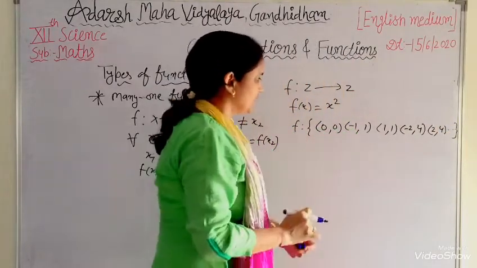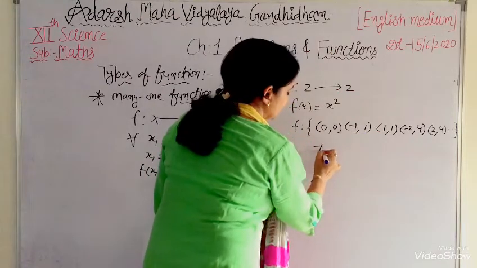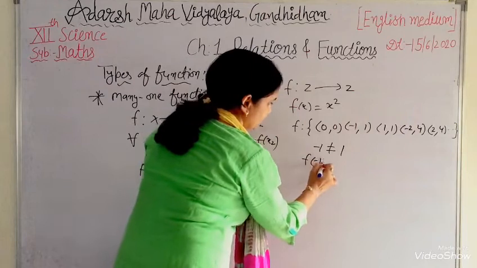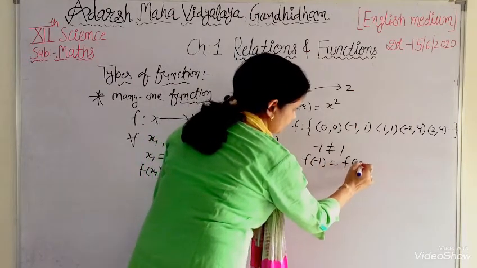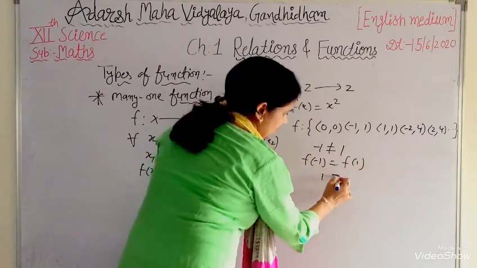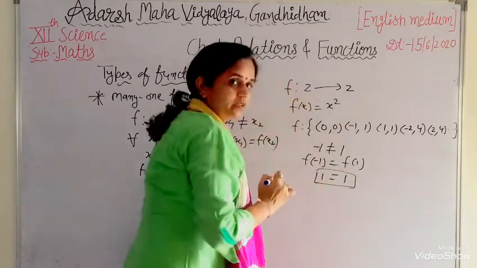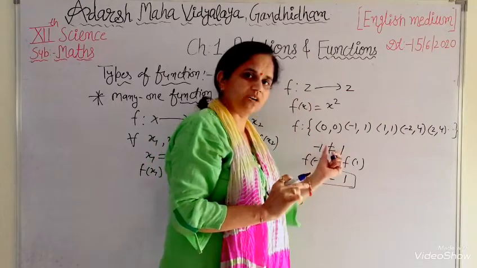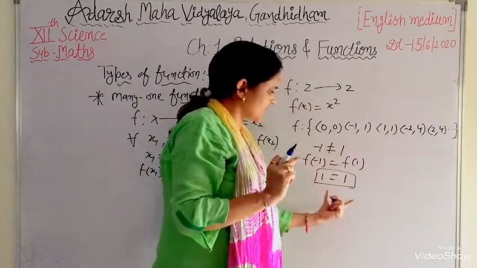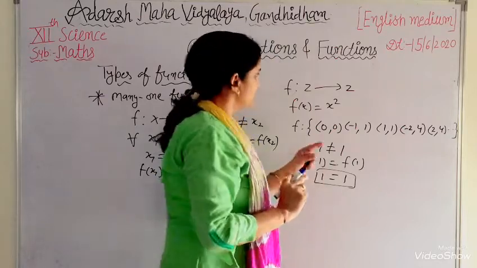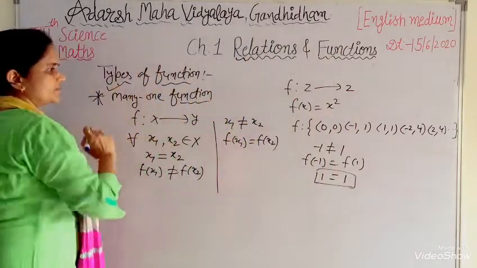Let's see, student, here minus 1 is not equal to 1, but image of minus 1 is 1 and image of 1 is also 1. Elements are not equal, but their images are equal. Such type of function is known as many-one function.